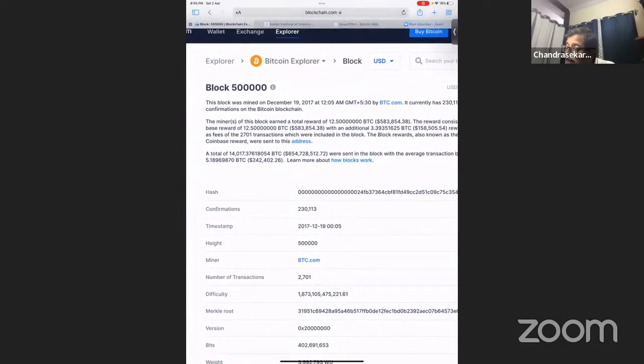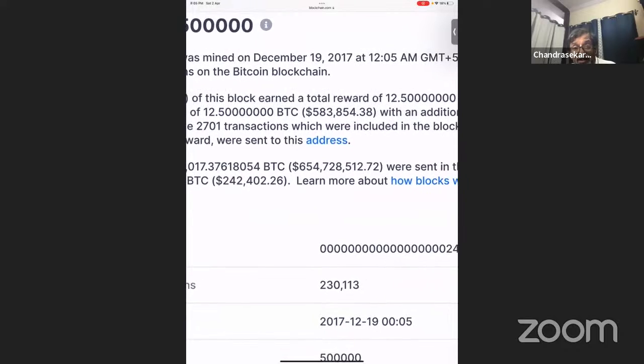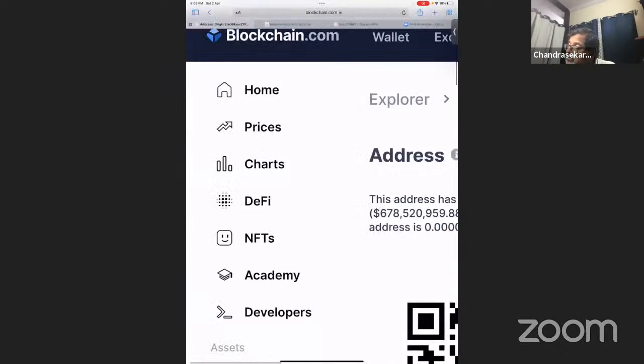This block was mined in December by btc.com. The transaction fee and block reward of 12.5 Bitcoin were sent to this address. You type that, you get that address.